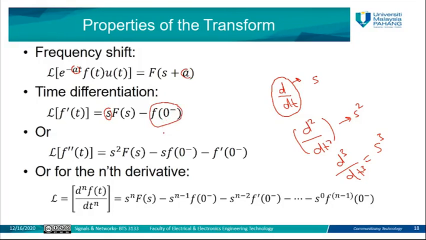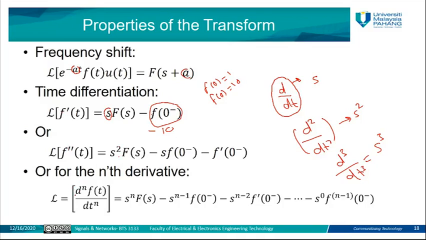But if you are given the value of the initial condition, it will be used in such calculation. If I say the initial condition is f(0) equal to 1, that means you are going to subtract 1 here. If I say f(0) is equal to 10, you are going to have 10 in this equation. Same here, this is for the first derivative. The second differentiation will be the same, s squared.